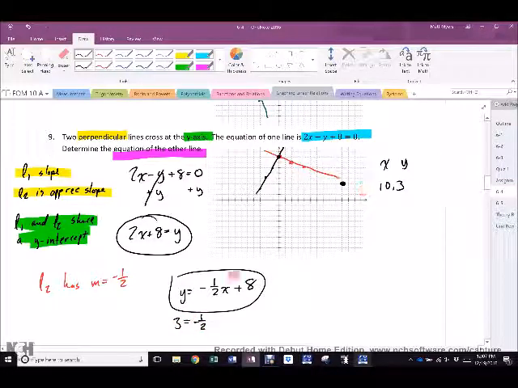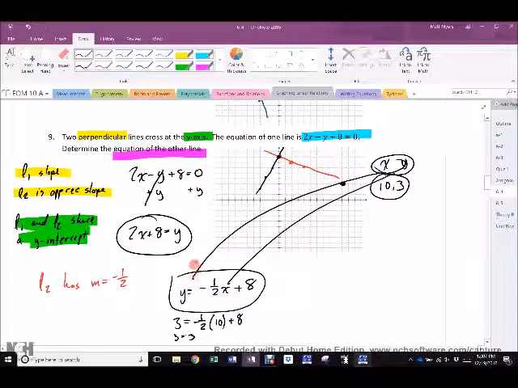Negative 1/2. What would I write right there? 10 plus 8. What's half of 8? Or half of 10? Negative 5. What's negative 5 plus 8? What is it? Positive 3. Does 3 equal 3? Yes. So I can take all of these x's and y's and put them anywhere I see an x and y.